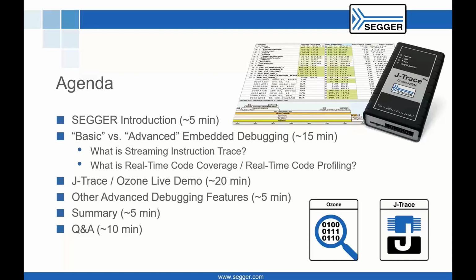After that, I will do a live demo of JTrace Pro, which is our trace probe, and Ozone, which is our debugger, to show you those concepts in action. And then after that, we'll talk for a quick 5 minutes or so about some other advanced debugging features that you can utilize and that can help you in your software development and software debugging.